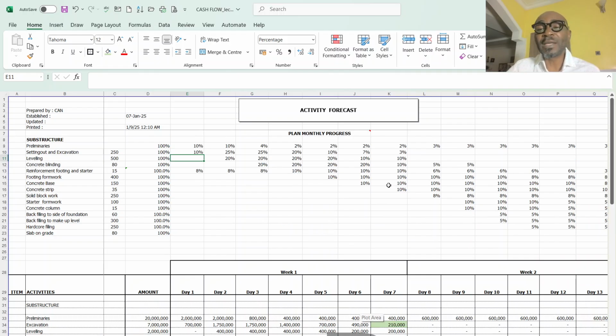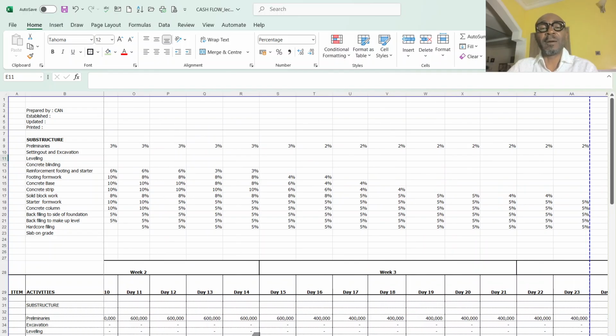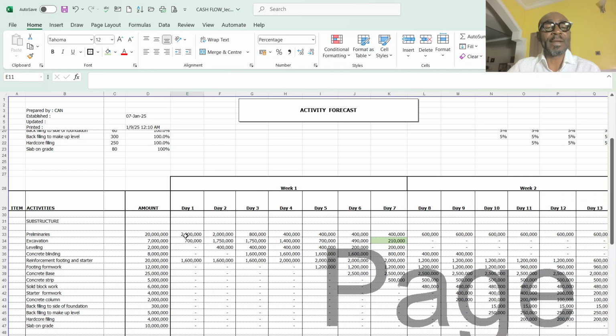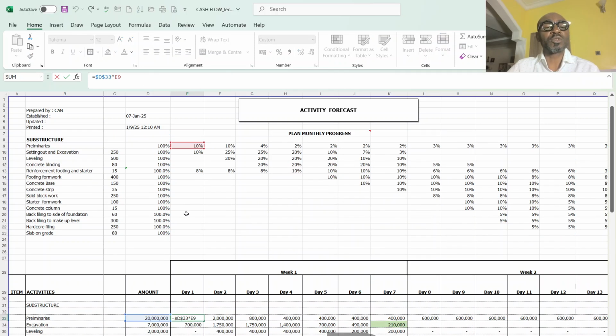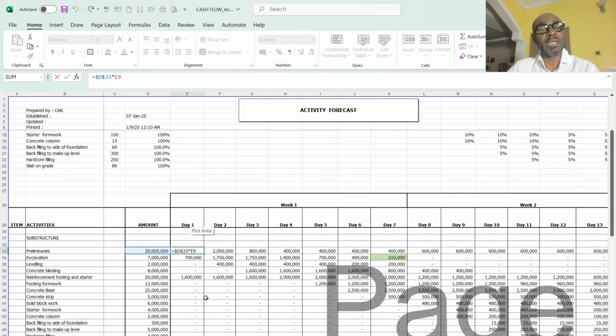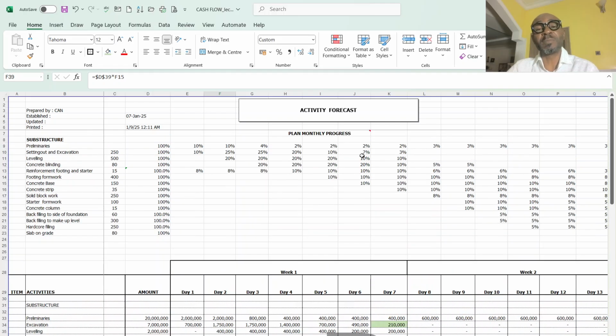So having apportioned the quantity according to my expected activities for each day, I now multiply the percentages for each day by the total income I am expecting from the client for each day based on these percentages.